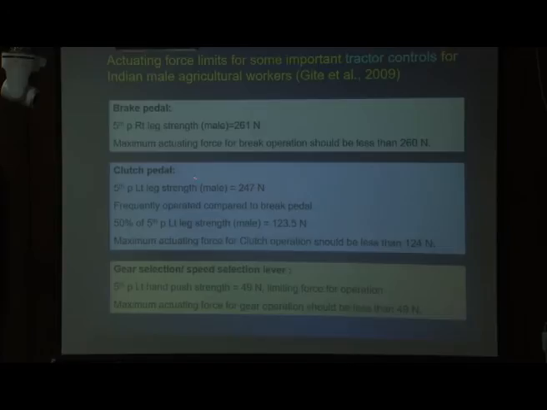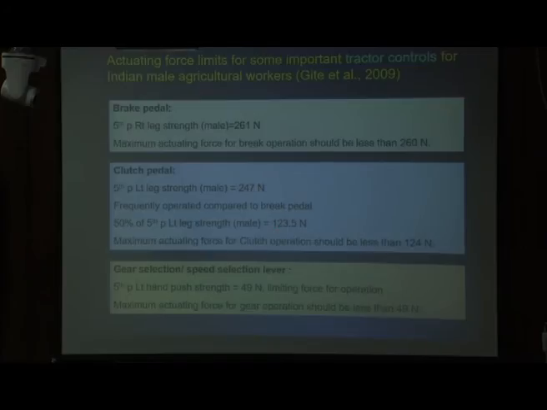Similarly, for the clutch pedal, the clutch is operated by the left leg. So 5th percentile left leg strength data for male agricultural worker is 247 Newton. And this control is frequently used. For that purpose, instead of using 100% strength, we should go for 50% of left leg strength. That is half of this, 247 divided by 2.